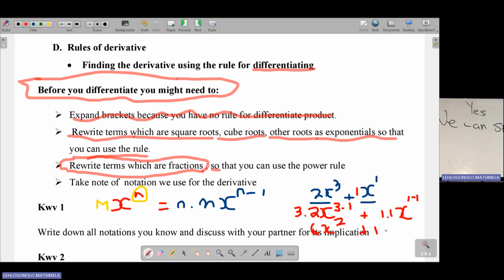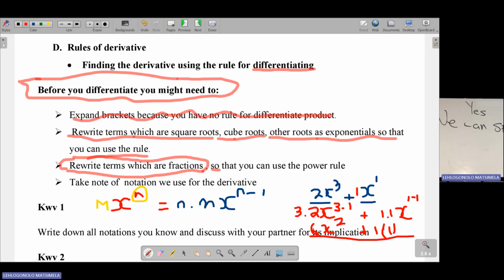Then x to the power of 0. Anything to the power of 0 is 1. So it's going to be 1 multiplied by 1, which is 1. So from here, we have derived, we are done. There's no need of deriving any further. Up to so far, our derived expression is 6x to the power of 2 plus 1.